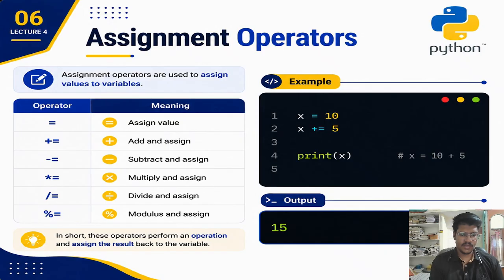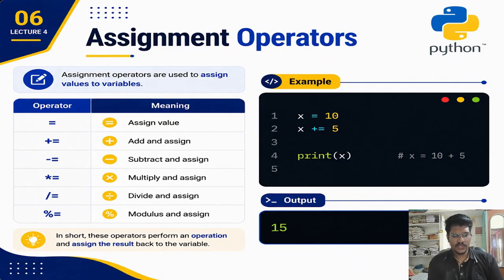We have equal to, which is the assignment operator for assigning values. The next is plus equal to, add and assign, then minus equal to, subtract and assign, then star equal to, multiply and assign. The next is slash equal to, which is divide and assign.